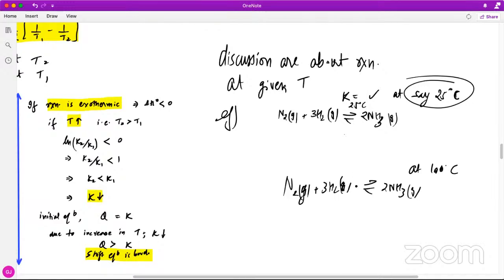Then whatever they are supposed to react, they react. Whatever heat is supposed to be given or absorbed happens. And finally my product ammonia is also at 100 degree centigrade. ठीक है. That is how my reaction is. And उसके लिए मैं पूछ रहा हूँ कि K कितना होगा. So this K and this K will be different. ठीक है, सबको समझ में आया?